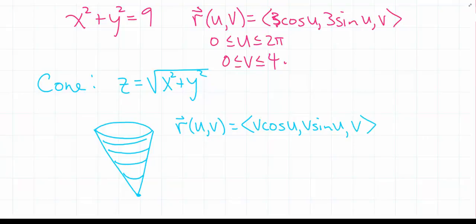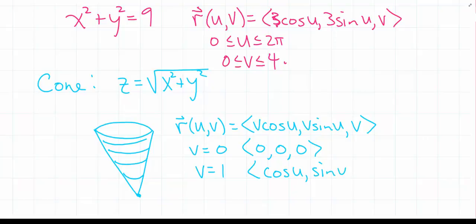Notice, when v is 0, you just get a point, 0, 0, 0. Now, when v is 1, you get circles of radius 1. You get 1 cosine u, 1 sine u, and 1.